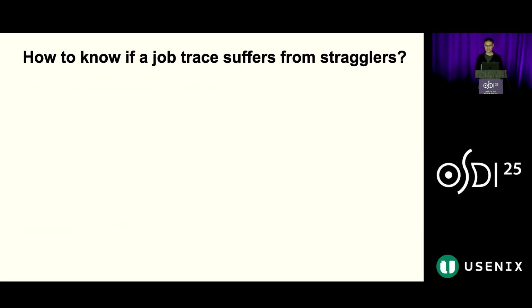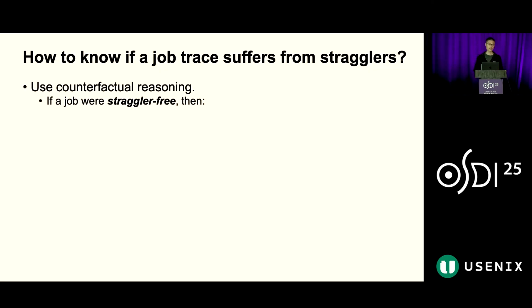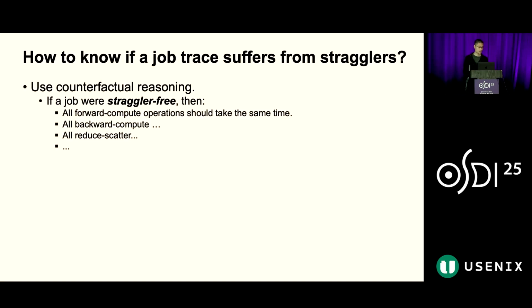So given such a trace, how do we know if a job is suffering from stragglers? We use counterfactual reasoning. Think about this. If there is no straggler in this job, what will the trace look like? We argue that you will see the following happen. All forward compute operations should take the same time, and the same for backward compute operations and all other communication operations.